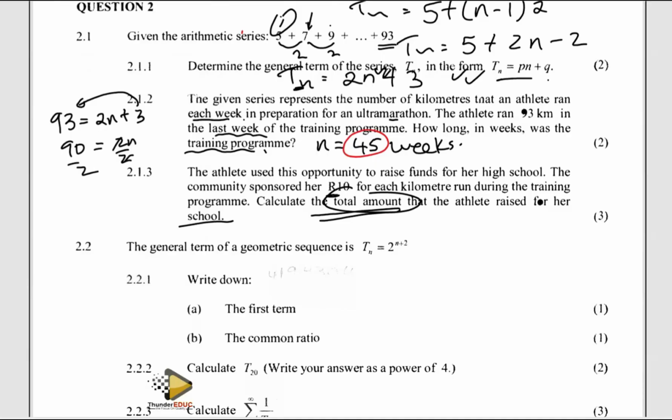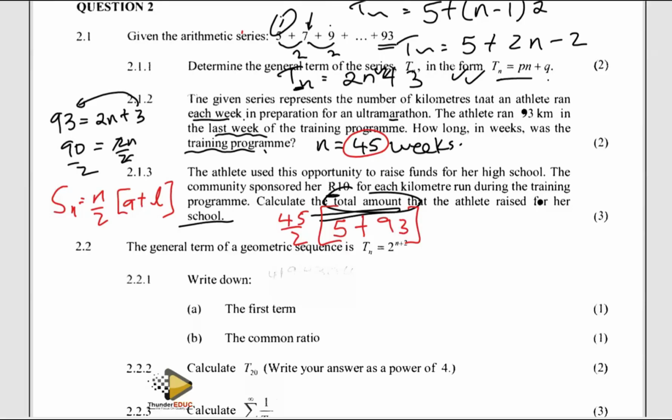Okay, meaning that my Sn is going to be n over 2 into a plus l, where l represents the last term. So what I'll do here, I'll say we have 45 weeks. That is correct. So it's going to be 45 over 2 into our first week was 5 kilometers, plus the last week, which was 93.